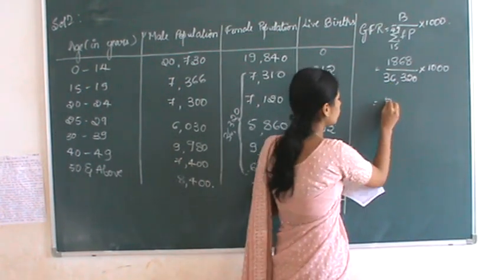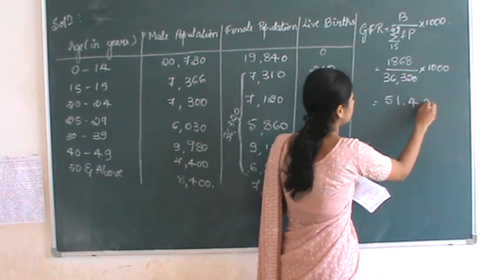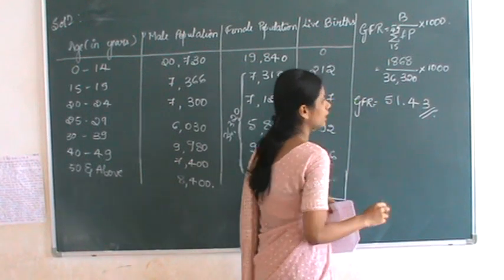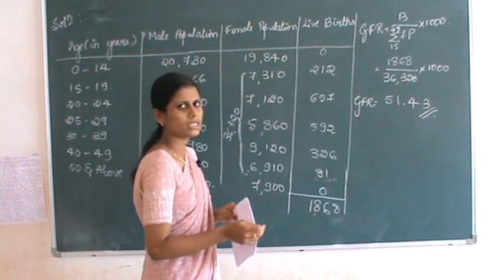The answer comes to 51.43. So general fertility rate is equal to 51.43.